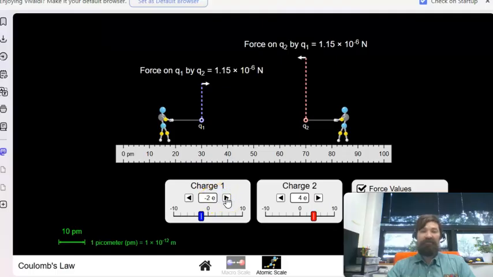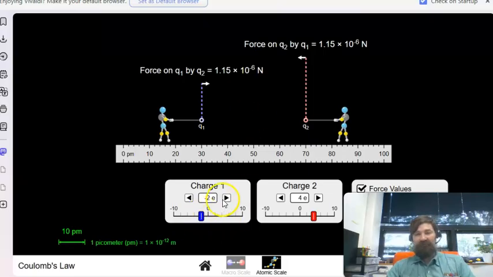The magnitude may be changing, and so you can see that force depends somehow on how much charge I have here. It also actually depends somehow on how much charge I have here. And then these arrows right now are always pointing kind of towards each other, meaning this is an attractive force.